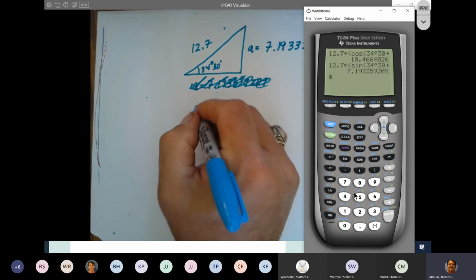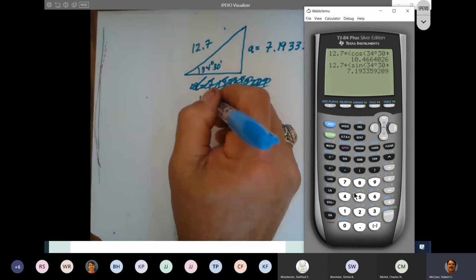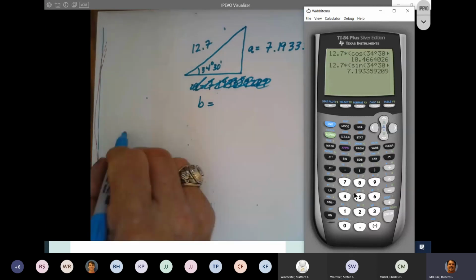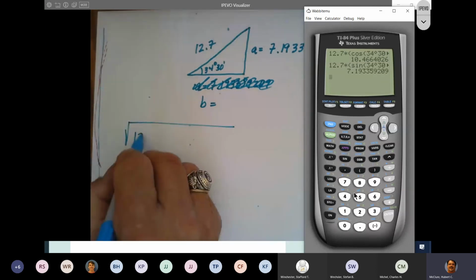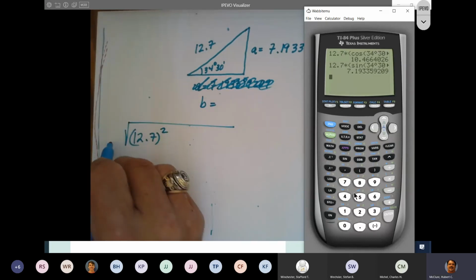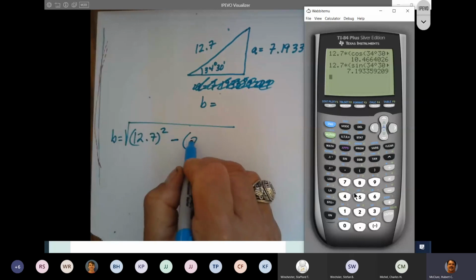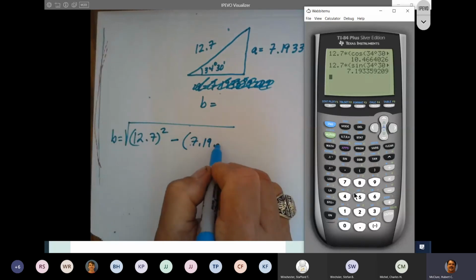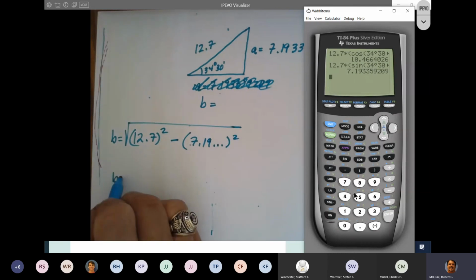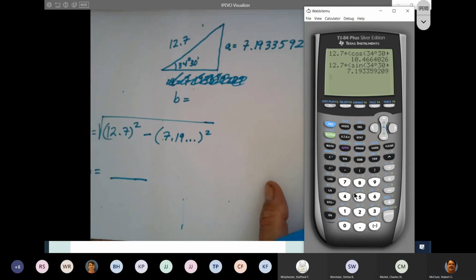Now I want to find B, which is the adjacent. So B, if I use the Pythagorean theorem, will be the square root of 12.7 squared minus 7.19 squared, and that's going to be B. You can do it that way using the Pythagorean theorem.